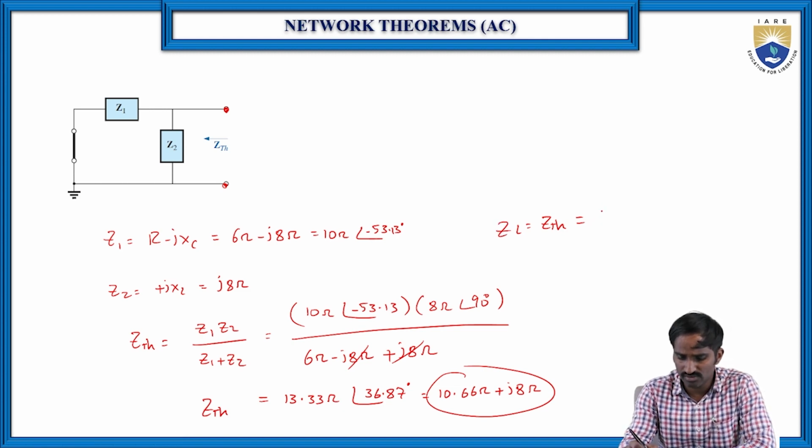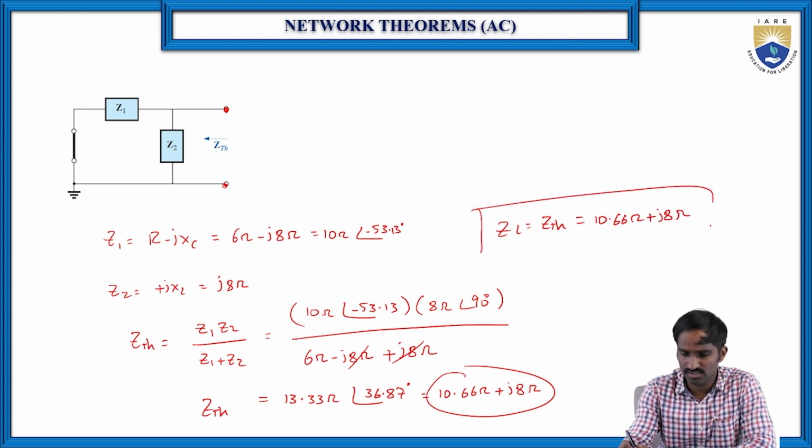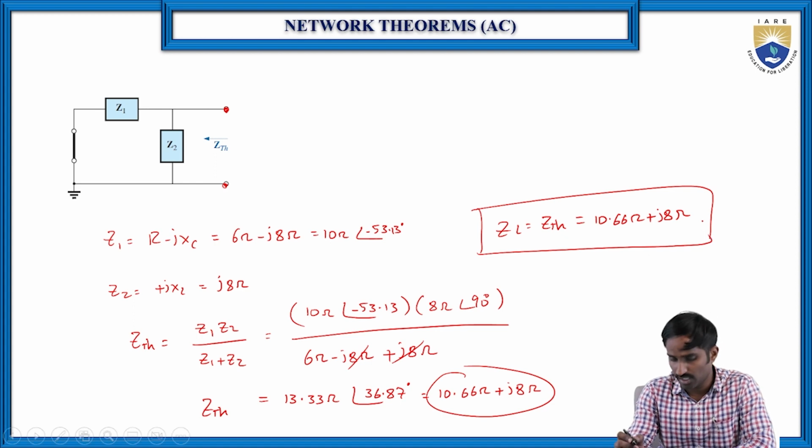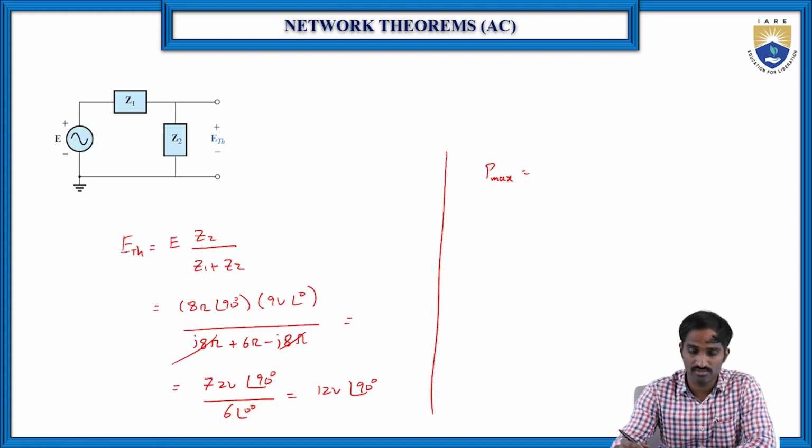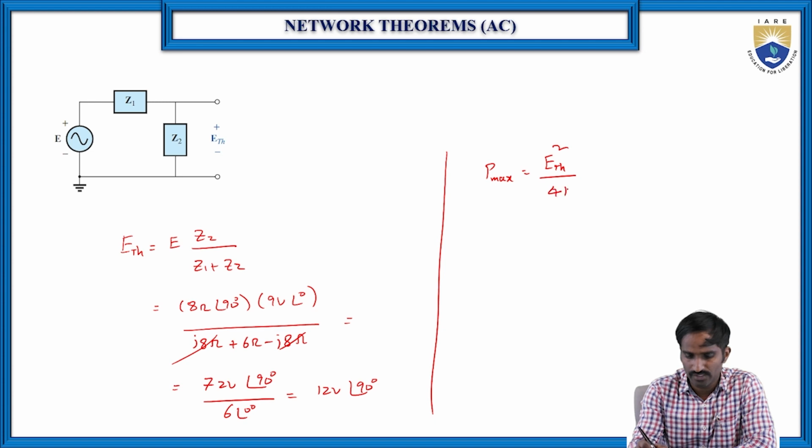So ZL is equal to Z Thevenin, which is 10.66 ohms plus J8 ohms. So this is the answer for the first question. And the second question is to find the maximum power. Here the equation for P maximum is E Thevenin squared by 4 into, of course, R.